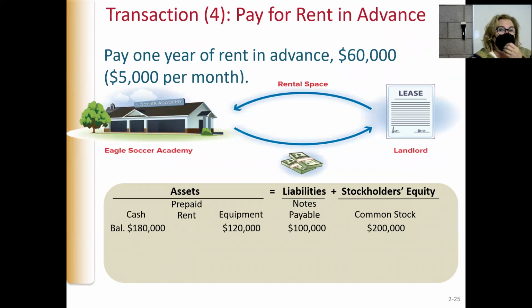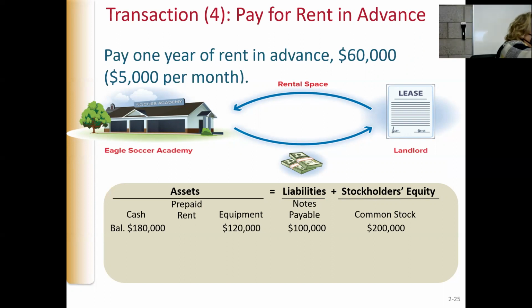Okay? Now, guys, I'm going to tell you right now, this is something new that you've not seen before. When a company pays rent a year in advance, it's an asset because we now have a resource, the ability to use this building for one whole year.